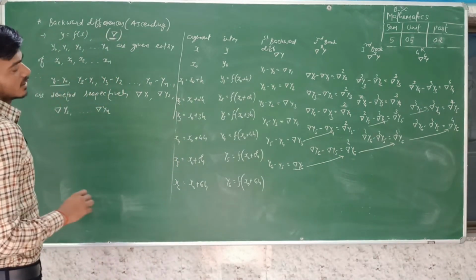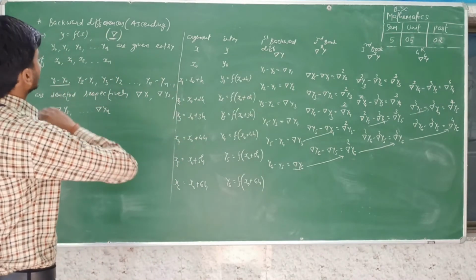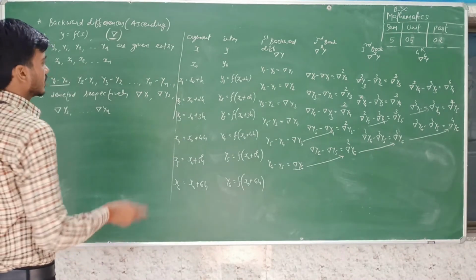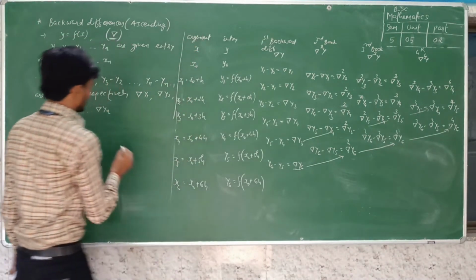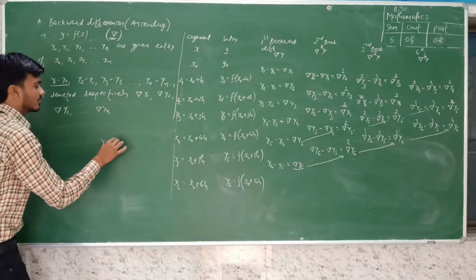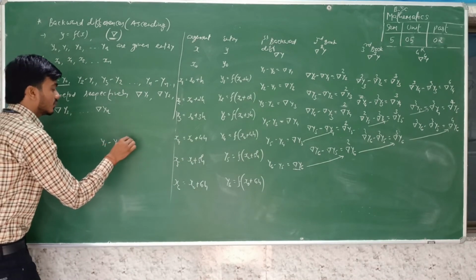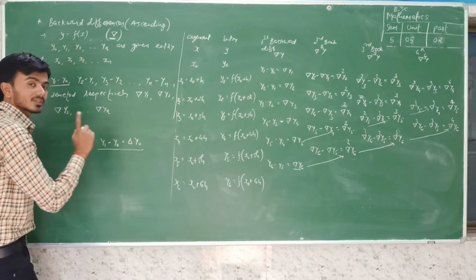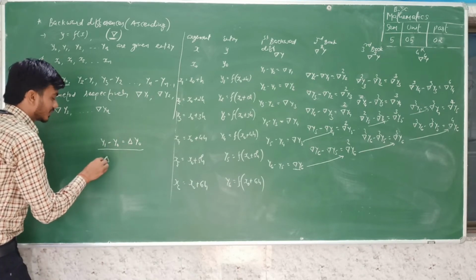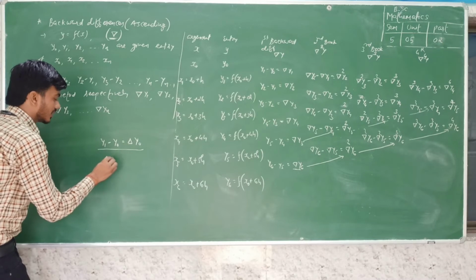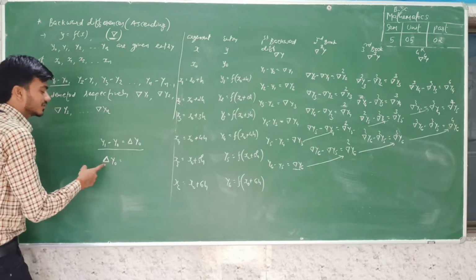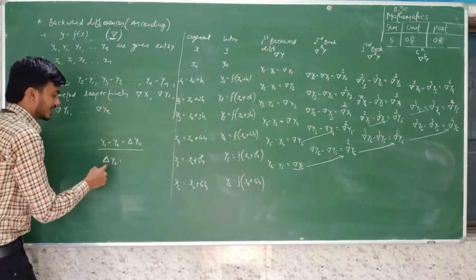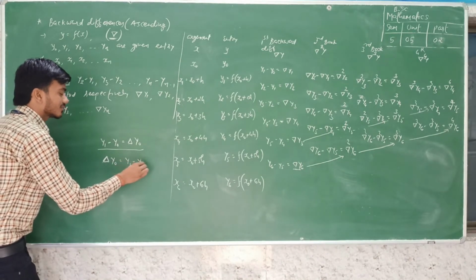This is how to construct a table for the backward differences. You can remember this: y1 minus y0 is equal to delta y0, the first forward difference. Whenever you see the symbol delta y0, that means it is a forward difference, so you can expand it as y1 minus y0.